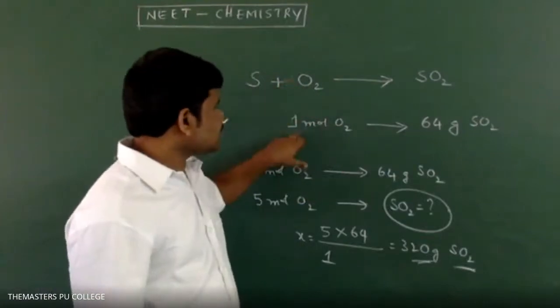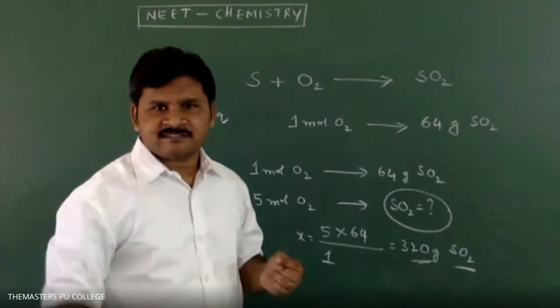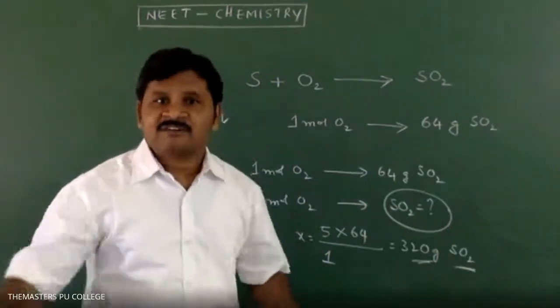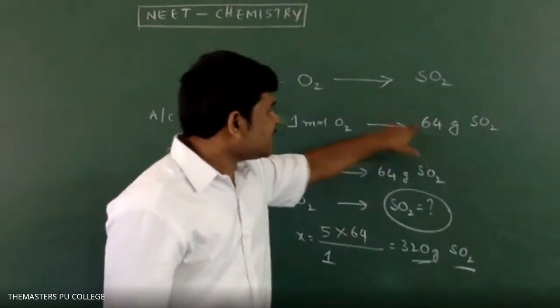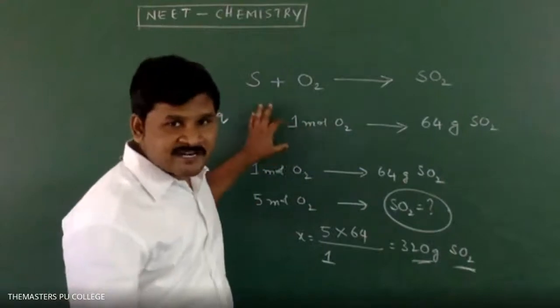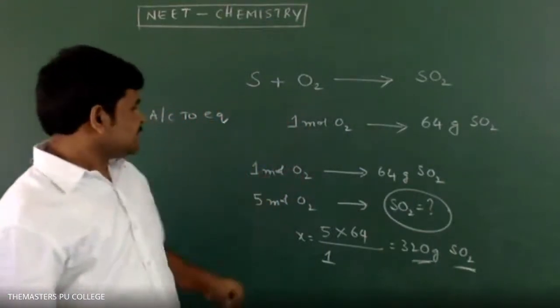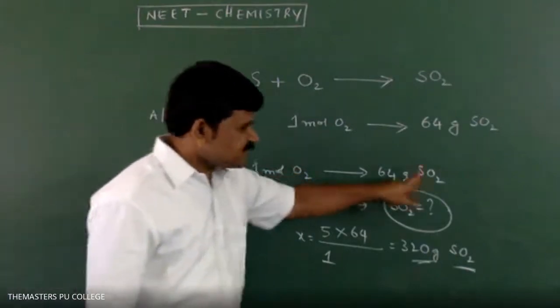One is in moles, another one is in weight. According to the question, oxygen is given in moles, and we want to calculate the weight of SO2. That's why one I have taken in weight, the other in moles. This is according to the equation. After that, I wrote it as it is: 1 mole of O2 gives 64 grams of SO2.